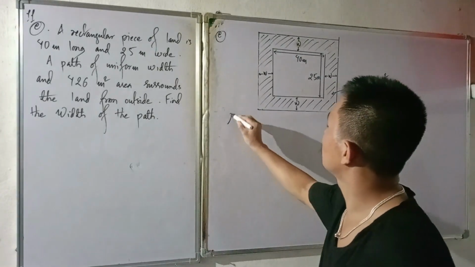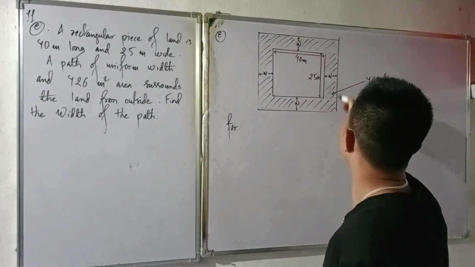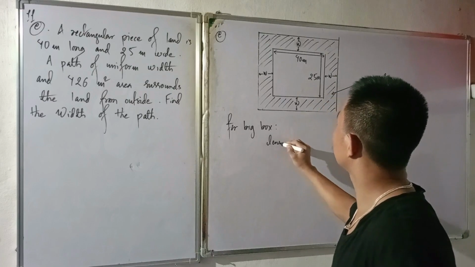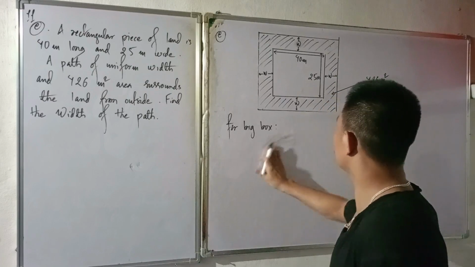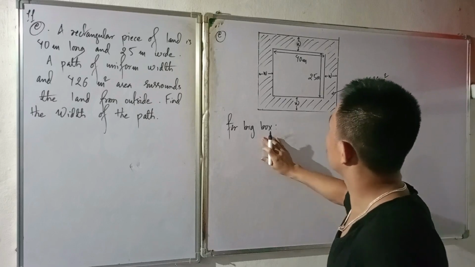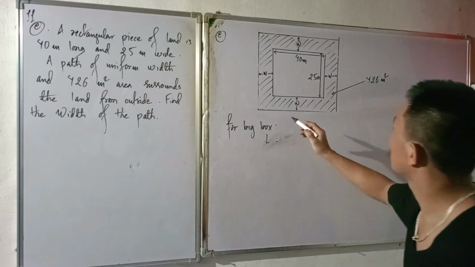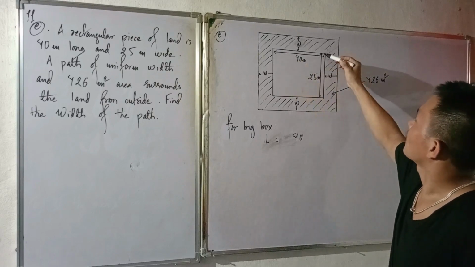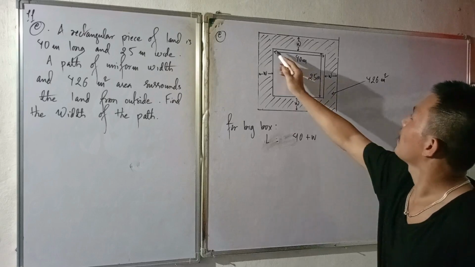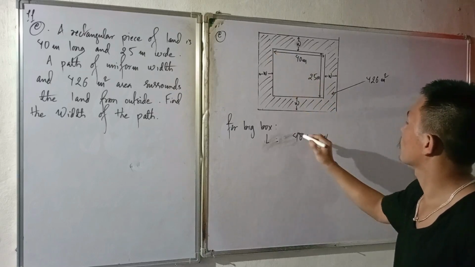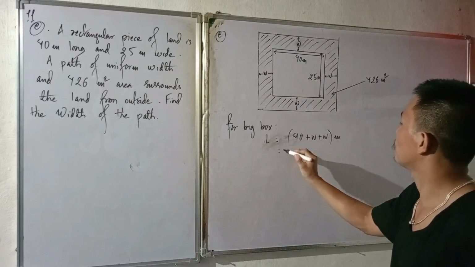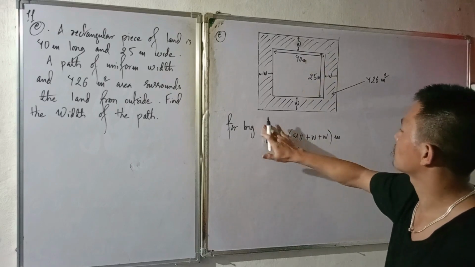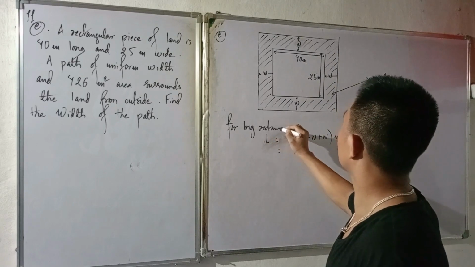Now for the big box, this outer big box, the length will be, let that be capital L. For the big rectangle, the length will be from here to here 40 meter, and again from here to here W, and from here to here W. This will be the biggest length for the big rectangle.